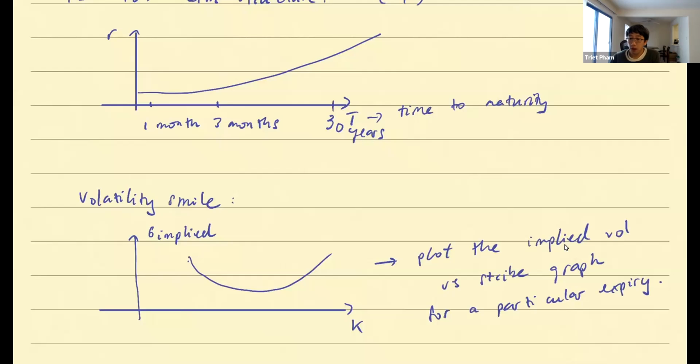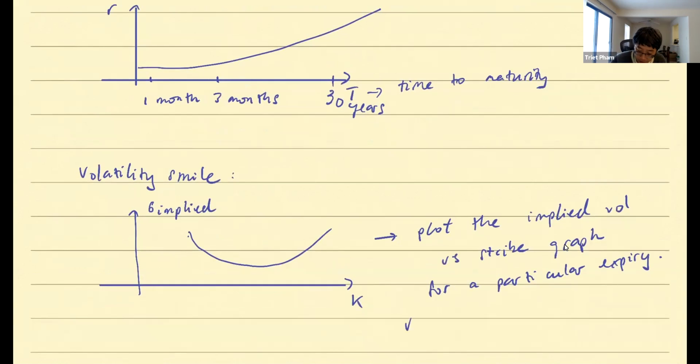When you plot this, you will observe some graph like this or not. So you would try to verify the volatility smile phenomenon.